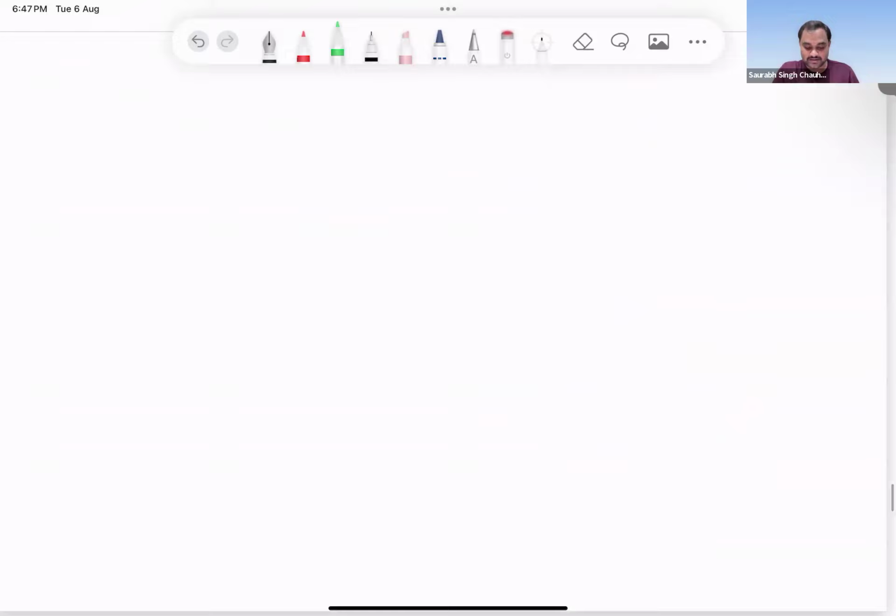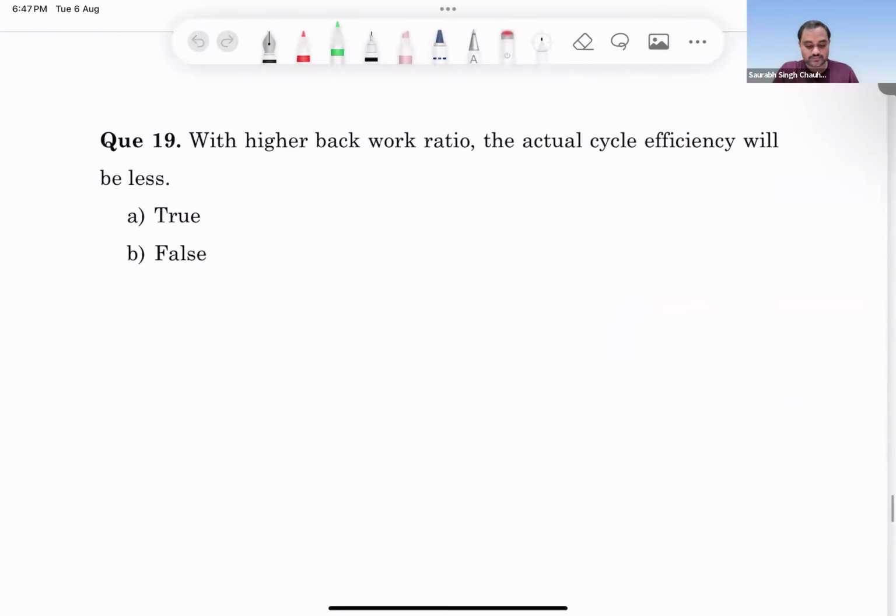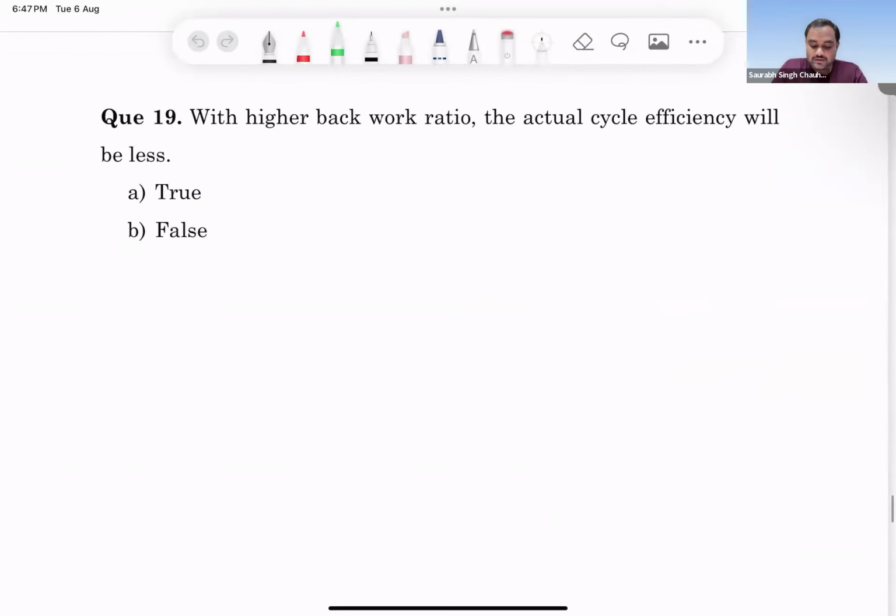Okay. We'll move to question number 19. Question number 19 says, with a higher back work ratio, the actual cycle efficiency will be less. We have already discussed this: if the back work ratio is higher, that means a lot of power is being consumed by the pump, so efficiency will be reduced. Why?